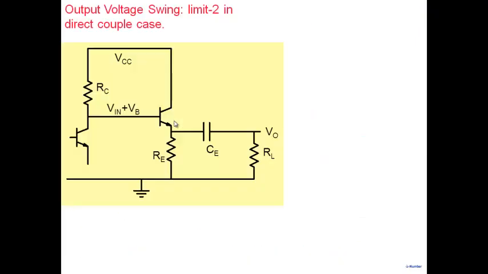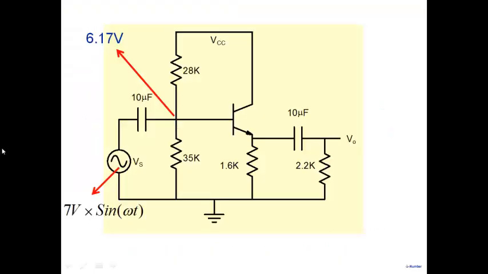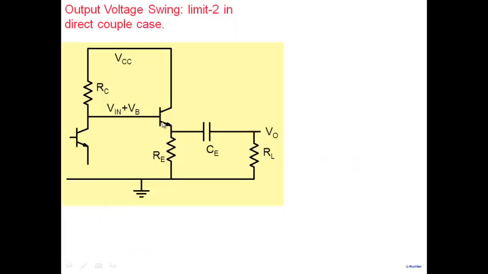So the problem is not in a stage like this, which is capacitively coupled. Many times what happens is my previous stage is not coupled through a capacitor, but is directly coupled to my next stage here. In this case, if I'm talking about the base voltage, earlier it was VB, in this case Vin plus VB cannot go above VCC because it's coming from a previous stage like this here.